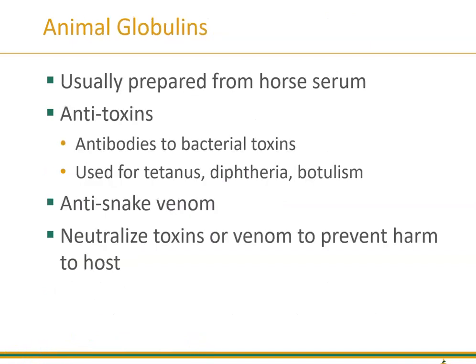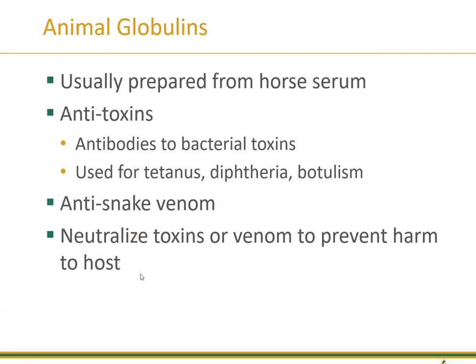Multiple series of shots can be done. Animal globulins are prepared from horse serum, equine-based. So they're antitoxins, and they act against multiple bacterial toxins. They use them a lot of times for tetanus, botulism, and diphtheria, and as anti-snake venoms.